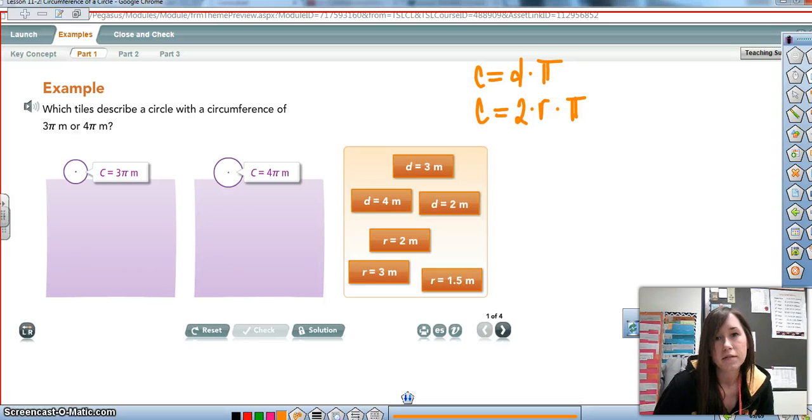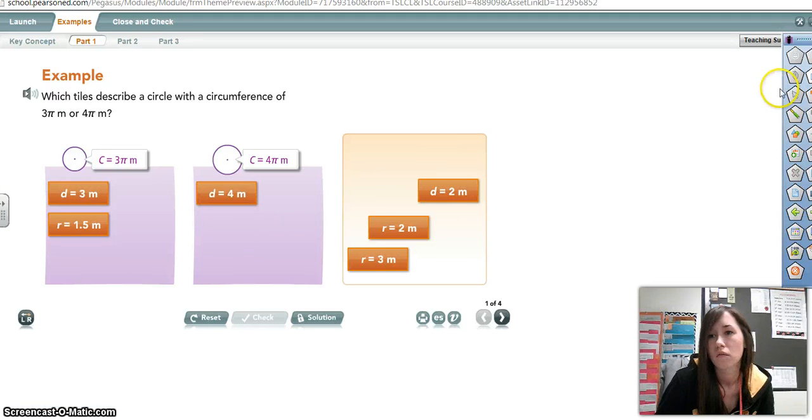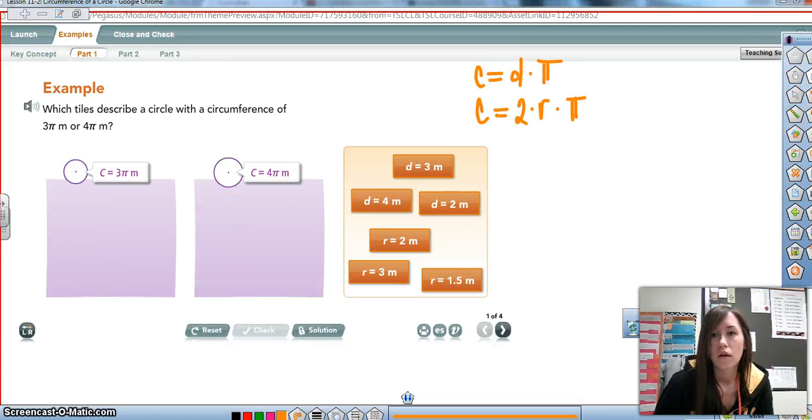For this one, if we want to get 4 pi, that means the diameter could be 4, and we could times it by pi, and that would work. Or we could do 2 times a radius of 2. That would make 4 times pi.